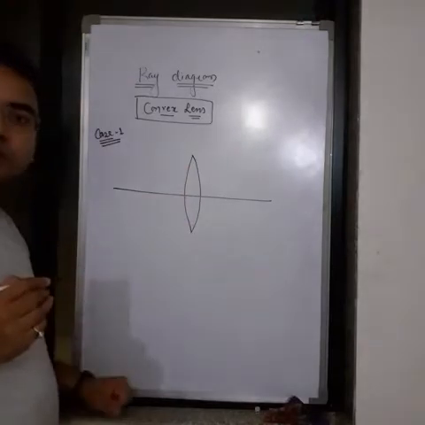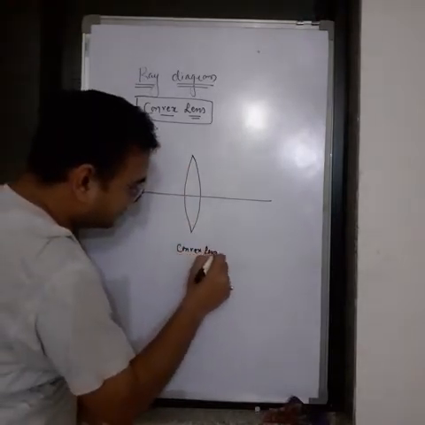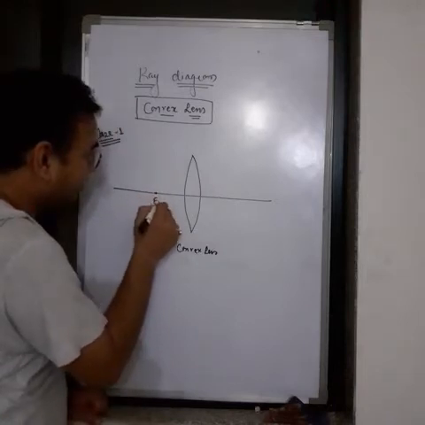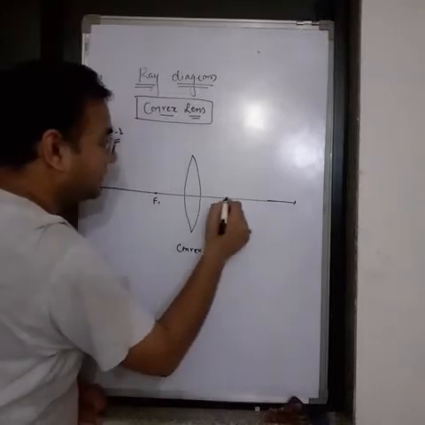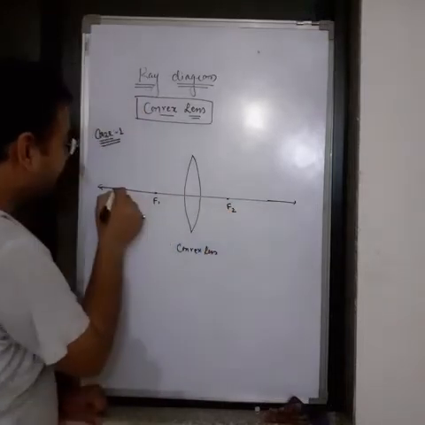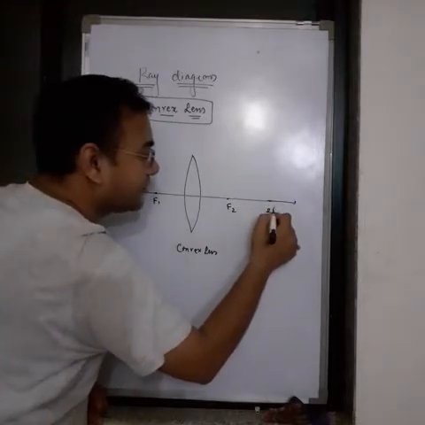This one is the convex lens. Here we are going to consider the F1, already we know that. Here we are going to consider the F2, 2F1, 2F2.